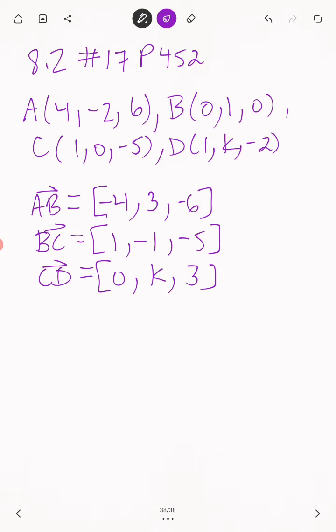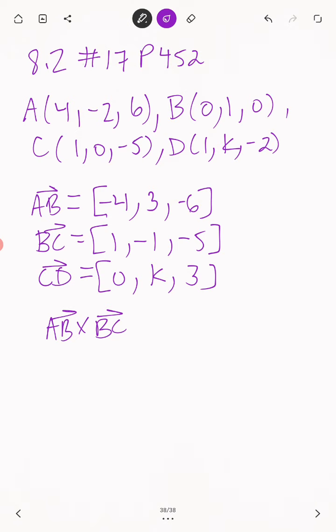All right, so if these are all direction vectors for the plane, then recall that if I take the cross product of any of these two vectors, for example, AB cross BC, then what am I going to get? I'm going to get a vector that's perpendicular to both.